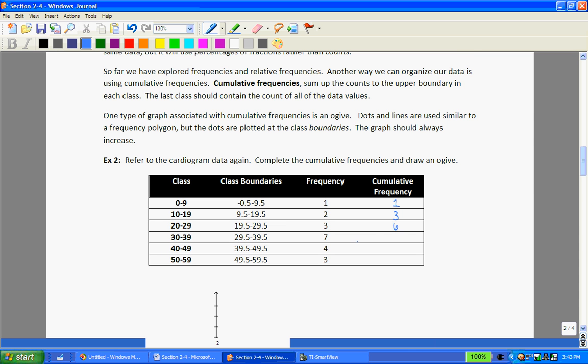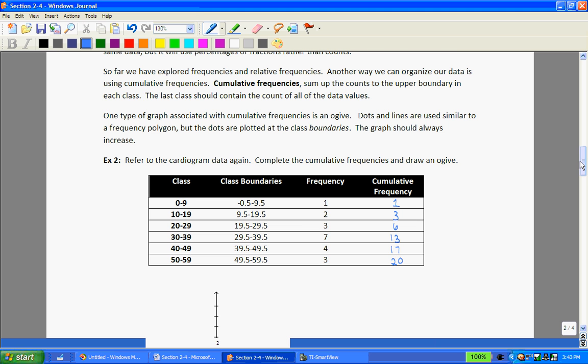And then for the next one, we add on the 7, so that'll be 13. Add on the 4, and that's 17. And then finally, adding up the 3, that gives me 20. And we started off with 20 values. So this is telling me how many data values are in that class and below.